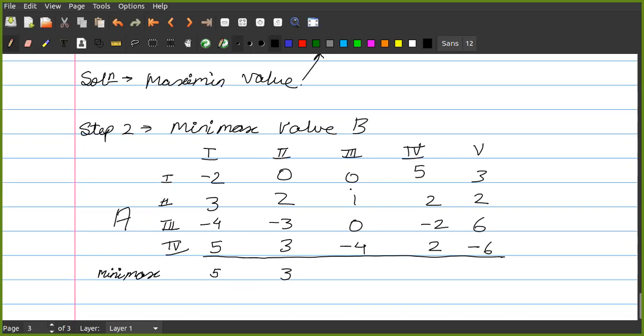Maximum value here is 1. Maximum value here is 5. Maximum value here is 6. Correct? So wherever this maximum value is, we will make a circle.